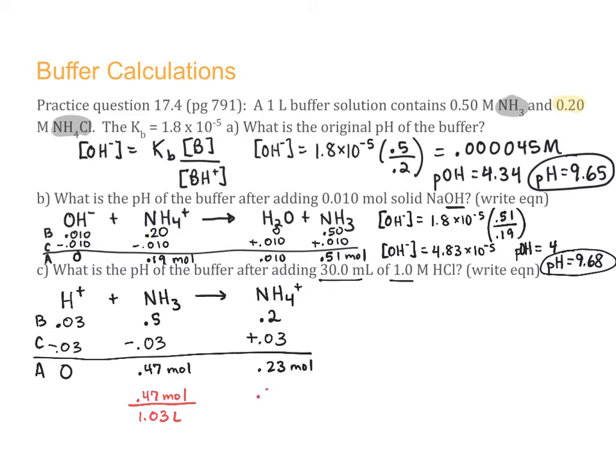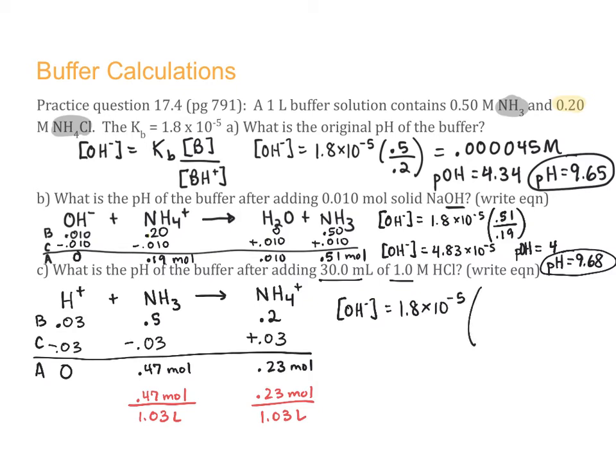And this is 0.23 moles over 1.03 liters. And we're trying to figure out the hydroxide concentration, so just like we did on the previous two steps, the hydroxide concentration is equal to the Kb, the same buffer system we're working with.